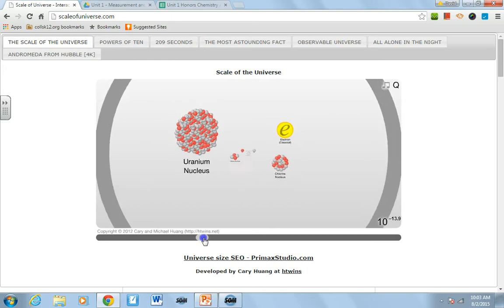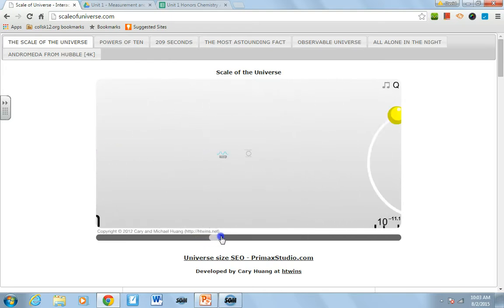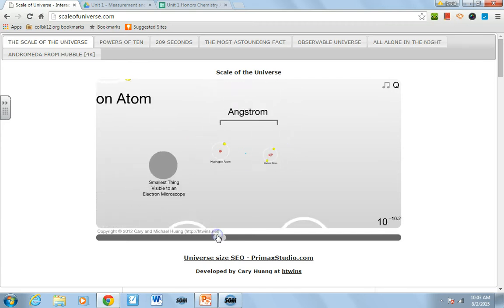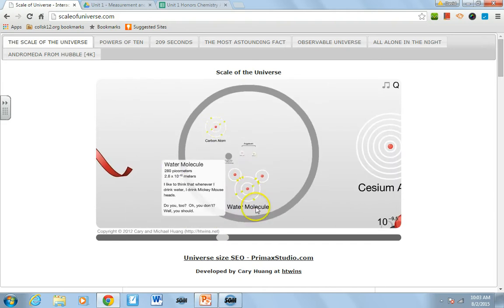But the point is that when we go out through all those things that we know we can see with our eye, everything is made up of these particles. And again, sometimes they're called atoms, and sometimes they're called molecules. Atoms are for elements, molecules are for compounds. So we'll go back to the PowerPoint presentation.